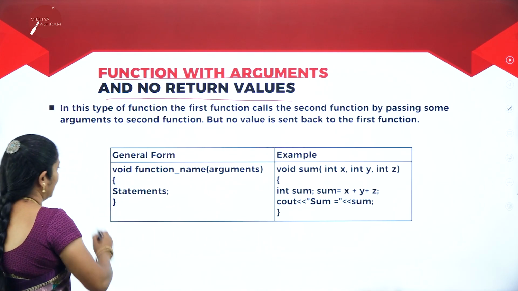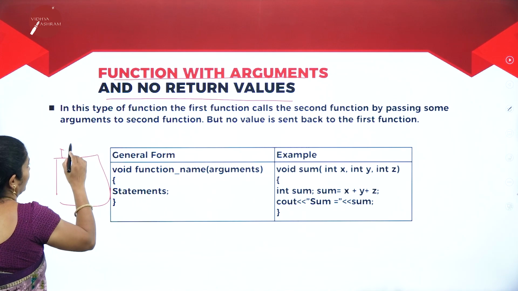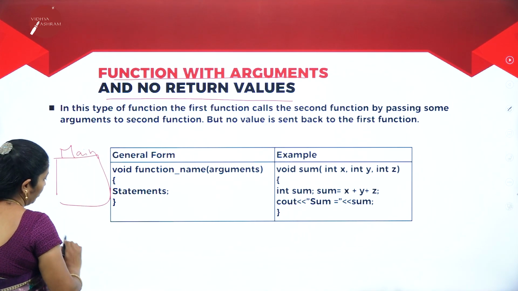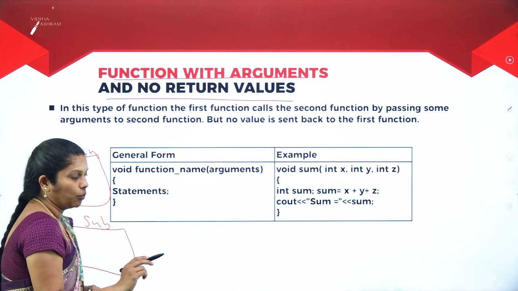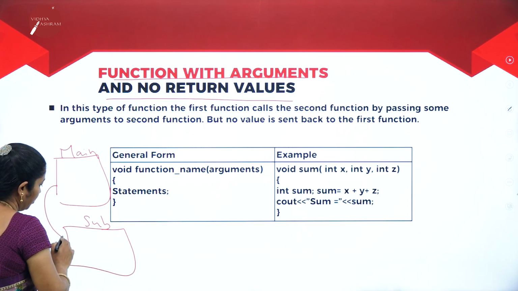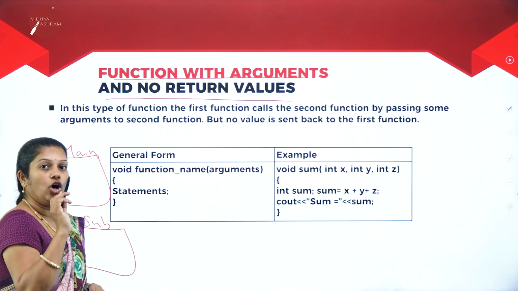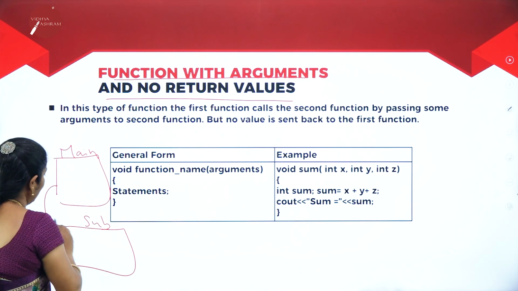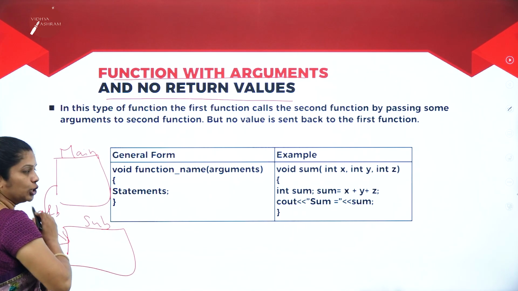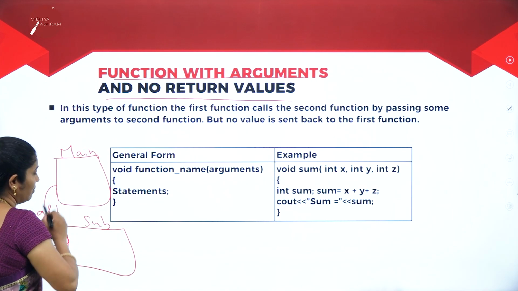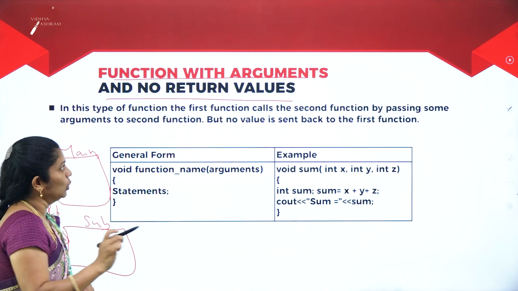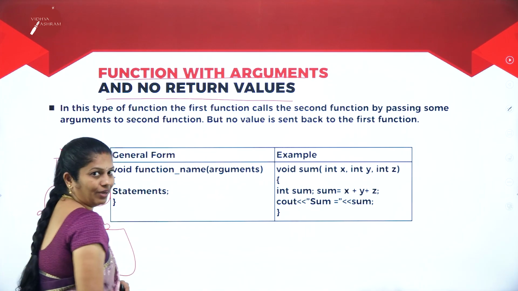What do you mean by that? Consider we have one main program and one subprogram. Functions with arguments means that from the main program to the subprogram, arguments are passing. For example, A and B are the values which we are passing. From the main program to the subprogram we are passing values, and there is no return value.